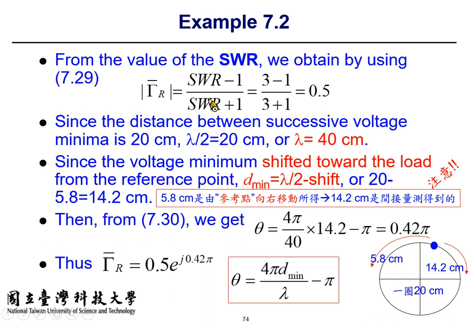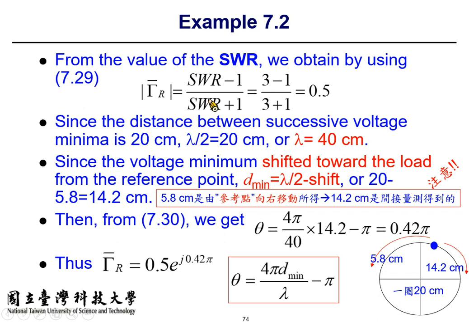So, in this description, we know that the d minimum, the distance that we found for this termination, is 5.8 centimeters to the right of the reference point.